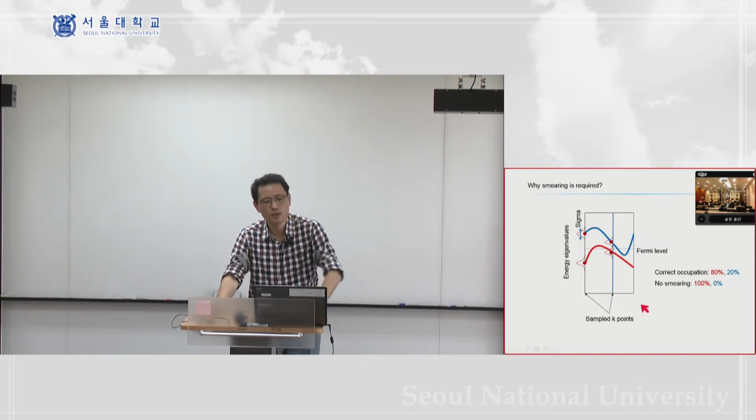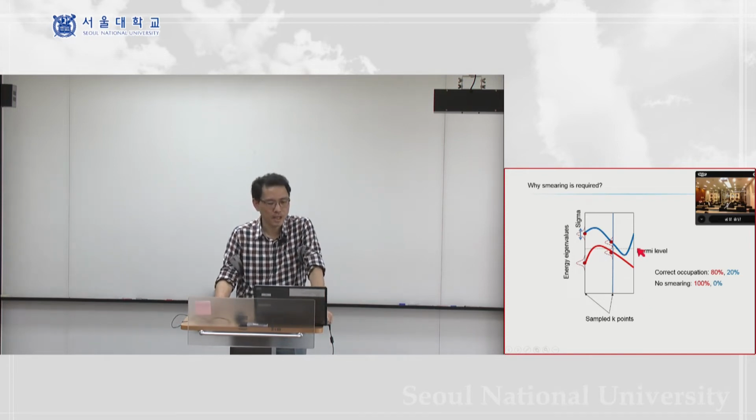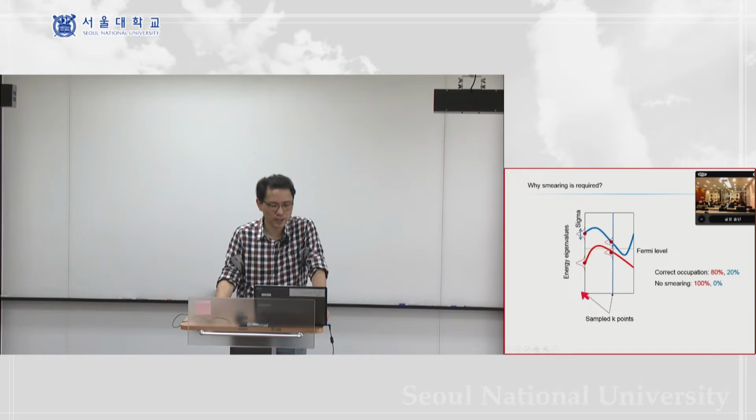Electrons are occupied up to this Fermi level. Suppose that you have sampled these 2 points, here and here. Then at this K point you have these 2 eigenvalues, and at the other you have these 2 eigenvalues.